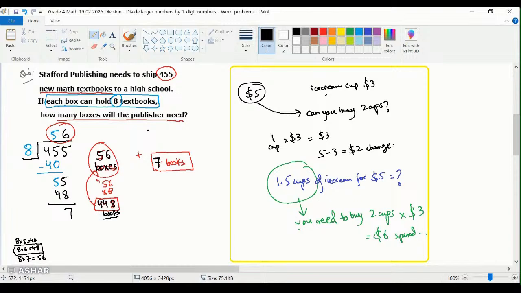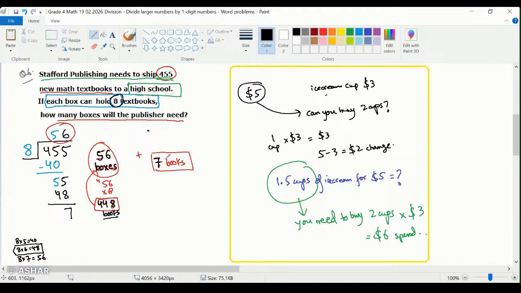You cannot leave those 7 books because it says the Stafford Publishing needs to ship 455 new books to a high school, right? If they need to send 455, they cannot send 448. They have to send 455, right? And each box has 8.